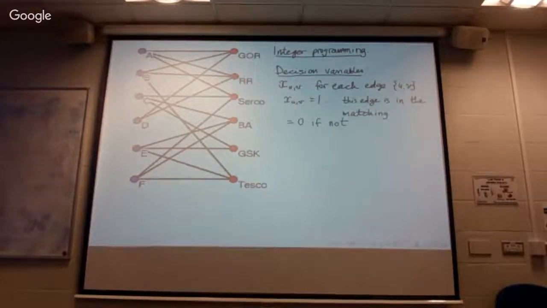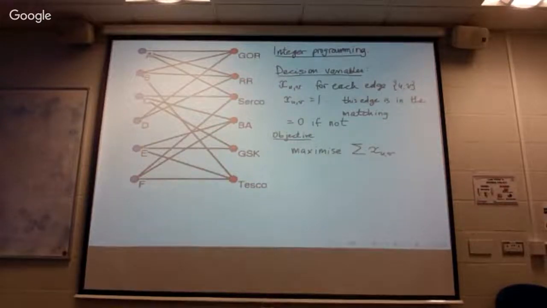Okay, so as I said, we're looking for the largest one. So the objective is to maximize the number of edges, and of course the number of edges you can get just by adding all the x_uv over all the edges.